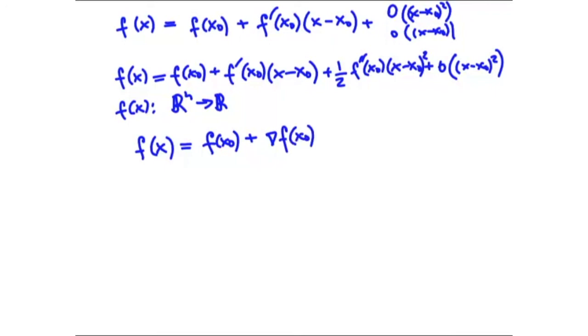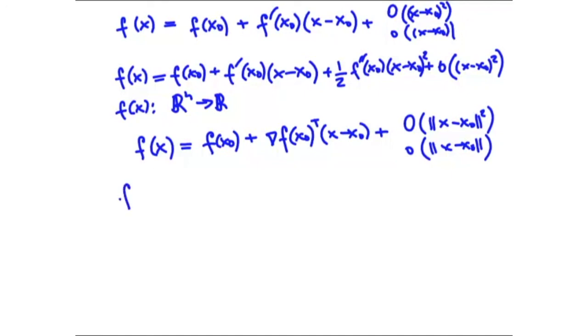So now it's a vector, right? And it's a column vector, so we transpose it and multiply it by (x minus x0). And then plus, we could write big O of the norm of (x minus x0) squared, or we could write little o of the norm of the difference. All right, so this is the linear case.